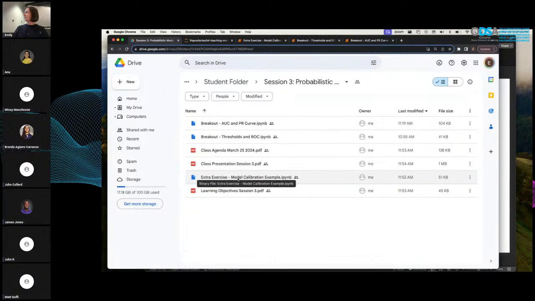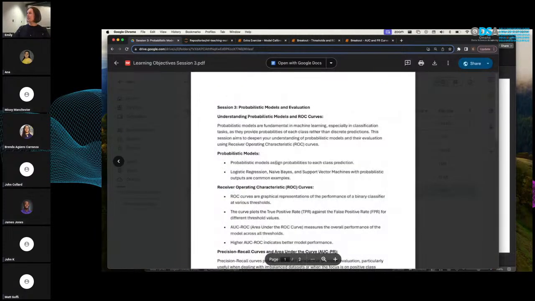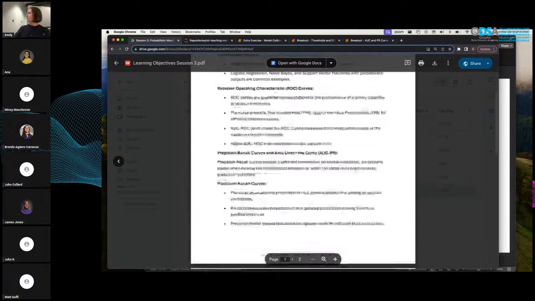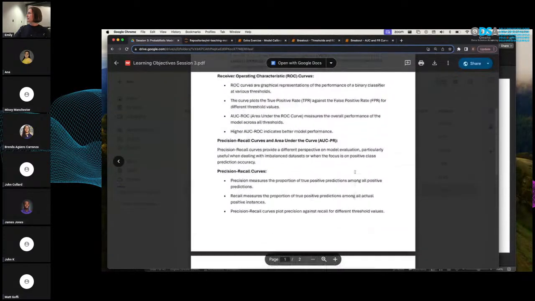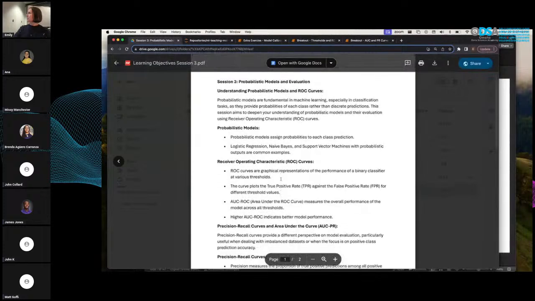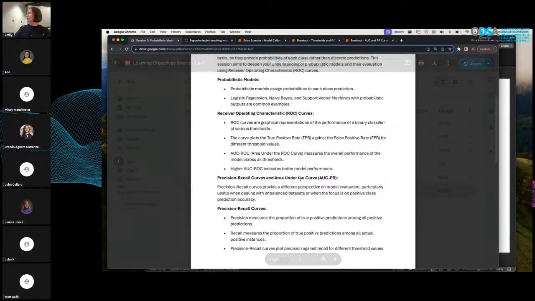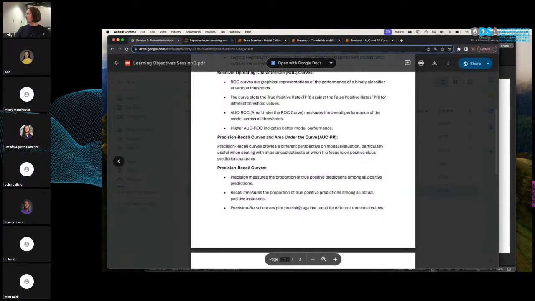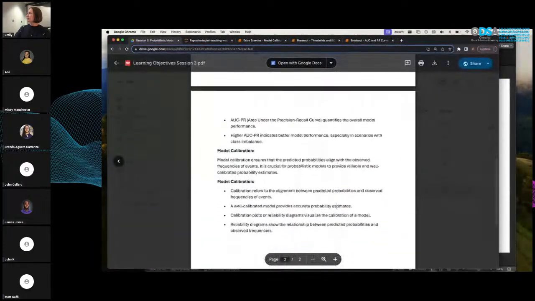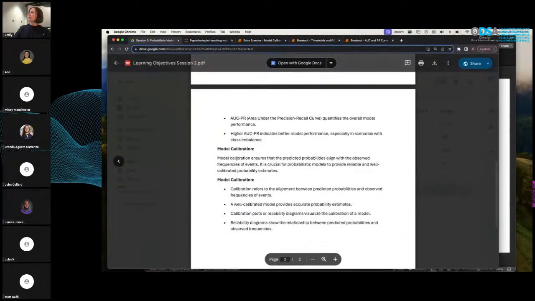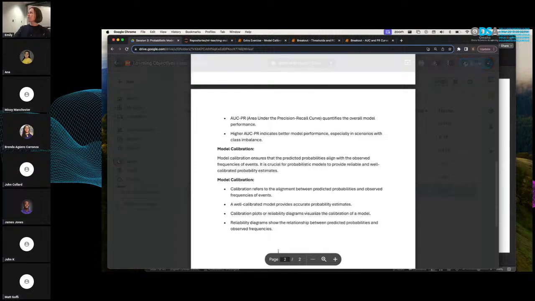Okay, so diving into session 3. Again, in here I have the learning objectives. If you want to know what you should focus on learning from today, it's really these ROC curves, the precision recall curve, and the area under both of these curves. That is the content I want you to take away from today. Model calibration is good for you to know, but you'll notice our breakout exercises and your homework assignment don't focus on it a ton.